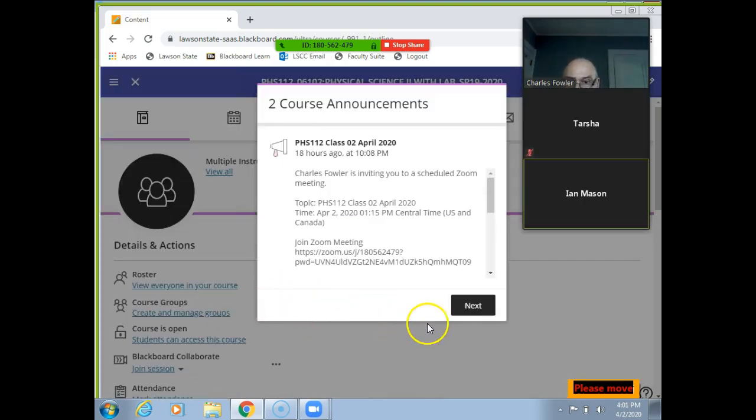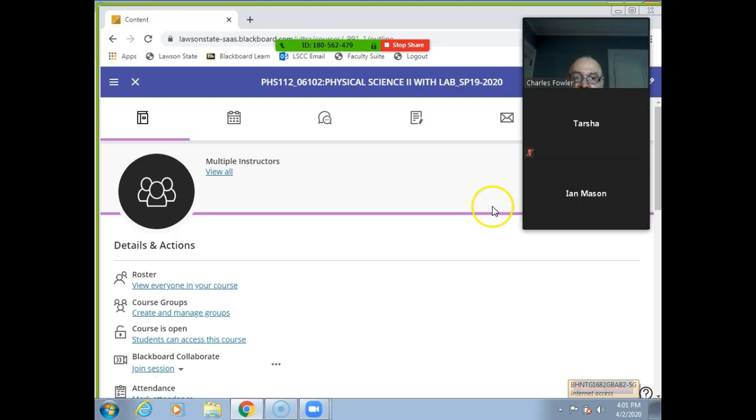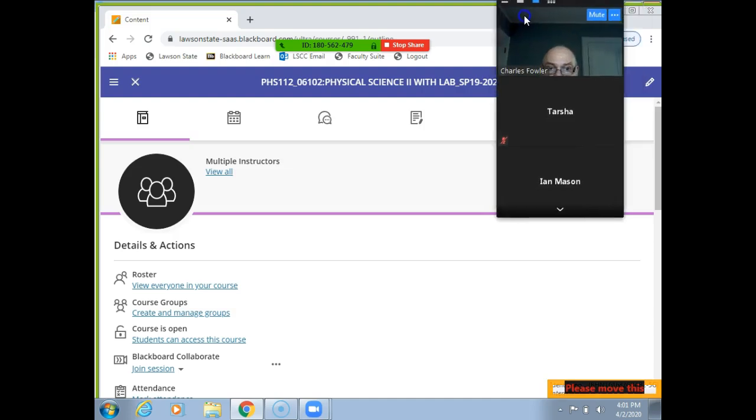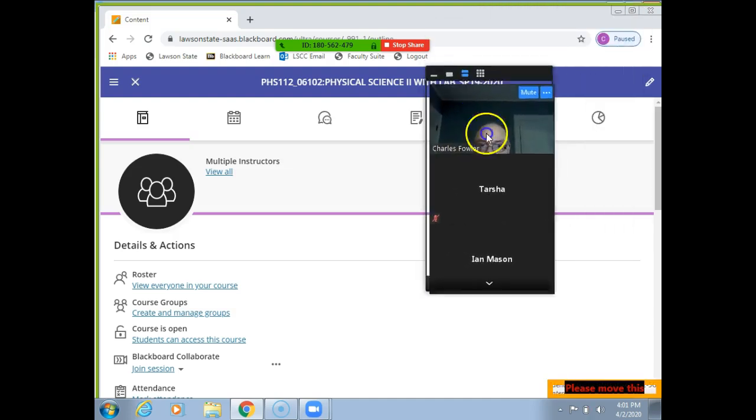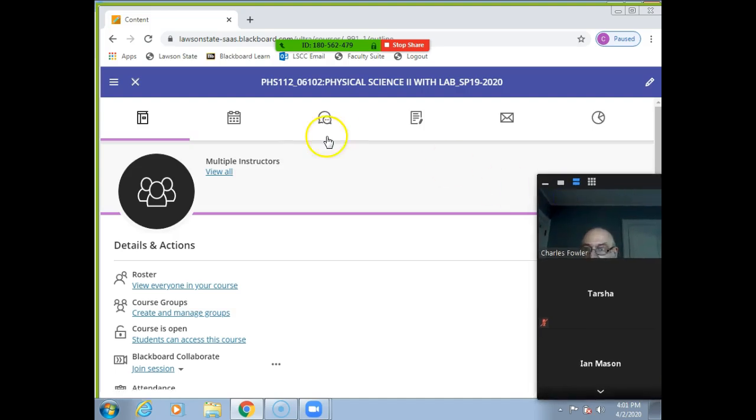Now, go to the, okay. Now, while we're here, do you see that bar I'm talking about? There's the message icon. I'm going to move this thing. This is just in the way. Okay. That's the content.